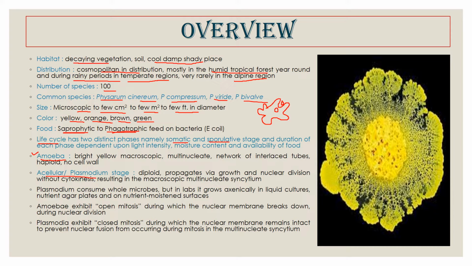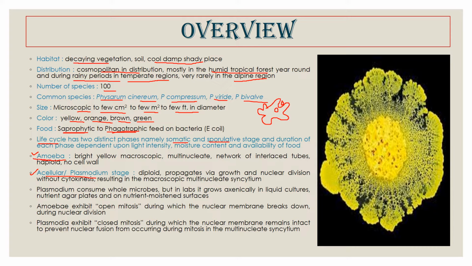Both the amoeba as well as the plasmodium are acellular, which means that at this stage they do not have a cell membrane or cell wall. So the amoeba and plasmodial stages do not have a cell wall, but they are macroscopic.